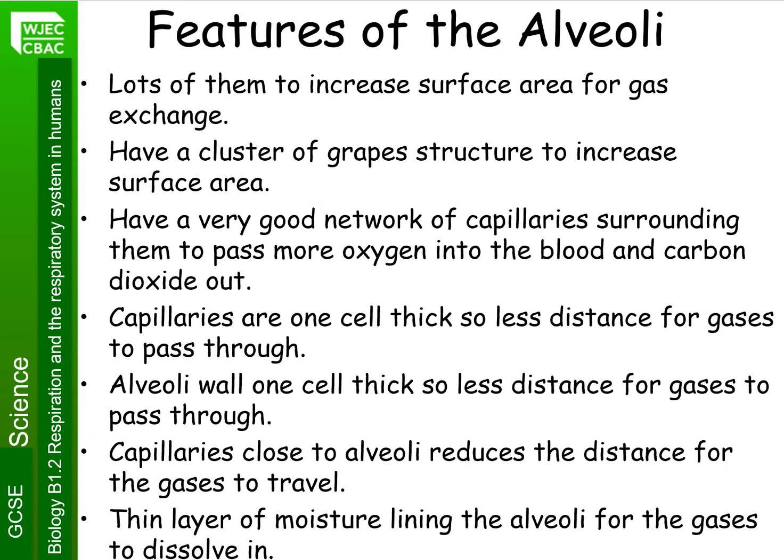What I don't want from you is a list with bullet points like you can see on the screen currently. I do want what we call extended prose, so extended sentences. So you might start off your essay with some of the features that we can see in the alveoli that enable it to be efficient at gas exchange and maximising gas exchange and then rather than a big list, write in sentences.